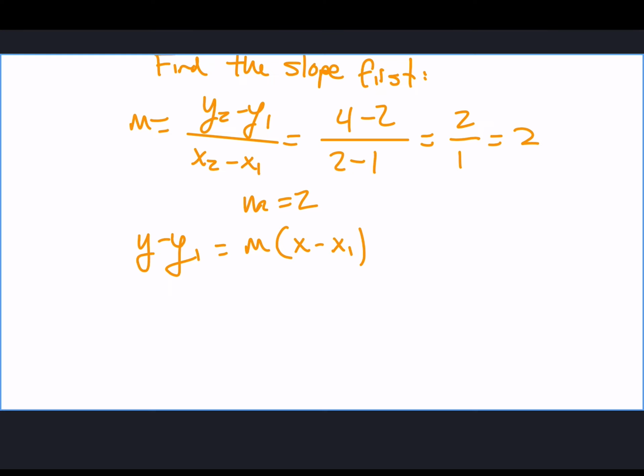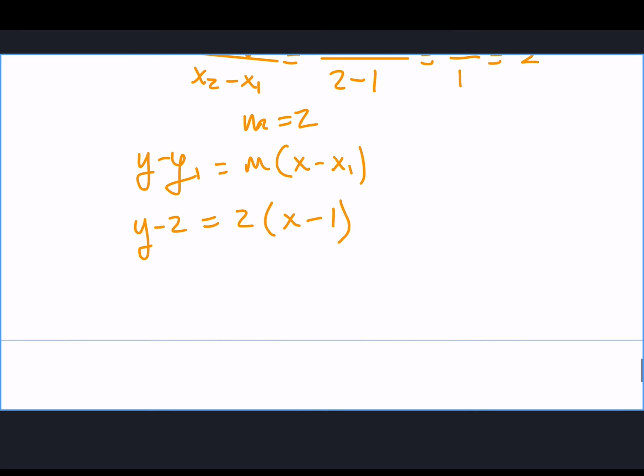So let's plug it in. What do we get? Y minus 2 equals 2 times x minus 1. So what do we need to do next to get it in y-intercept form, slope-intercept form?